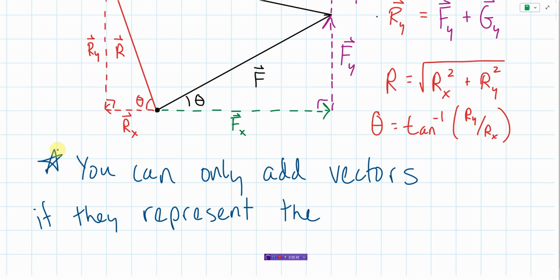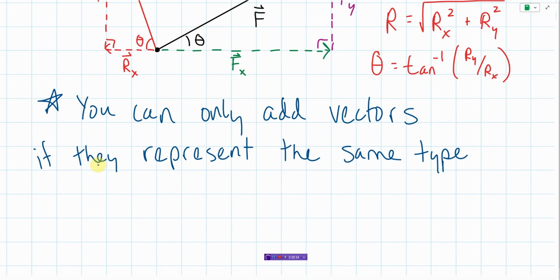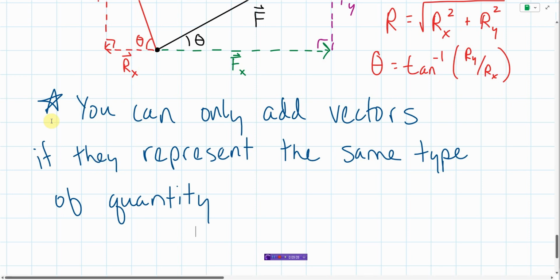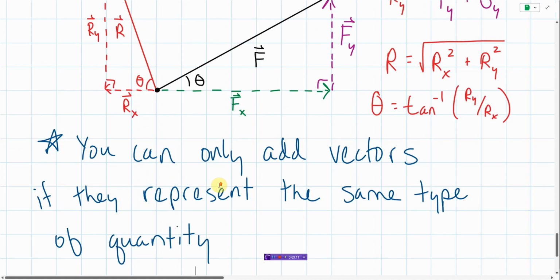You cannot do that. Don't add forces to accelerations. I see that one a lot. Also very common: I see a lot of people trying to add velocities to displacements. You can't do that. They have to be the same type of quantity or this won't work.